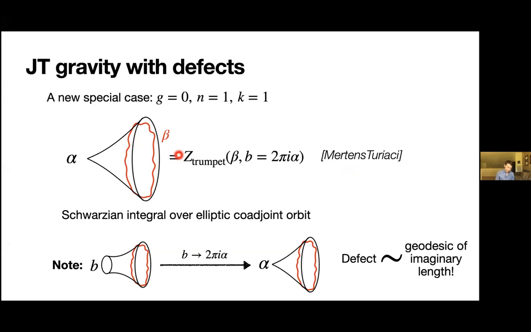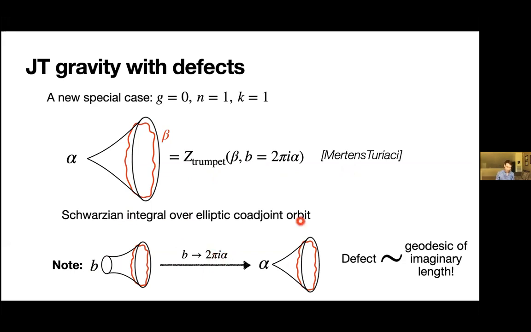And it turns out that you get this by taking the trumpet amplitude, that is with this geodesic boundary b, and you analytically continue b to some imaginary 2 pi i alpha. And you can understand this from SL2 representation theory. b is something that labels hyperbolic orbits of SL2, and alpha is labeling elliptic orbits.